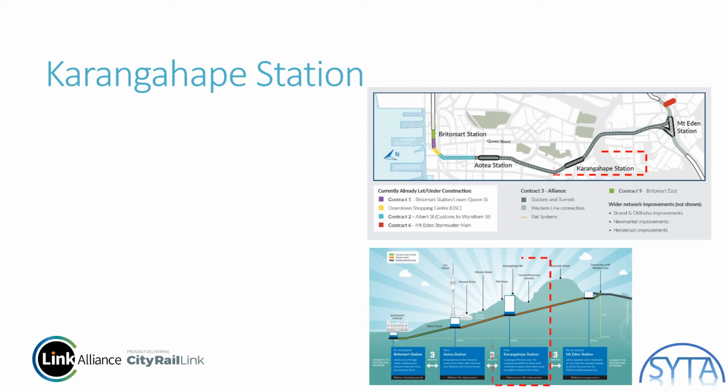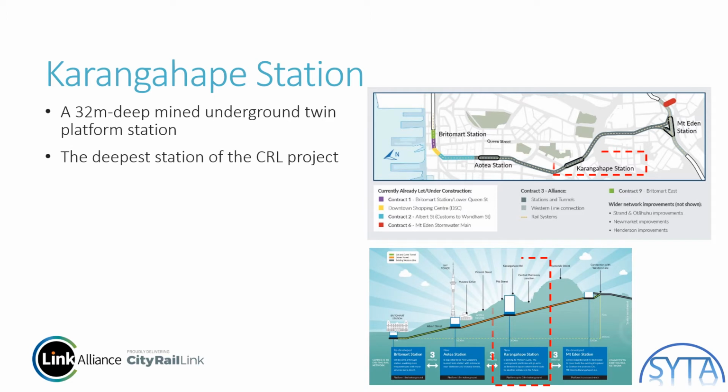The Kawakahabi Station is between two lift stations, the Altier and Mount Eaton. It is a 32-meter deep mined underground twin-platform station. Also, it is the deepest station of the project.